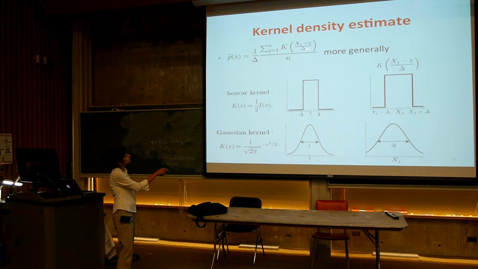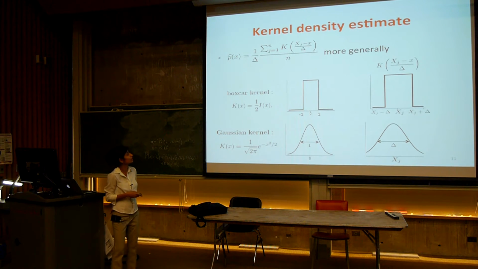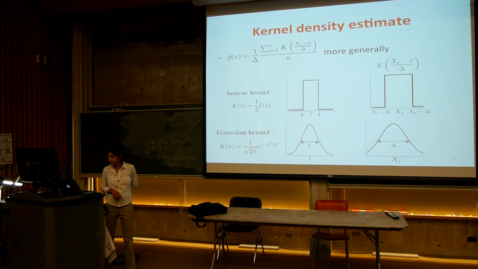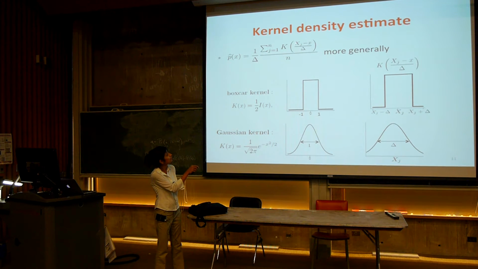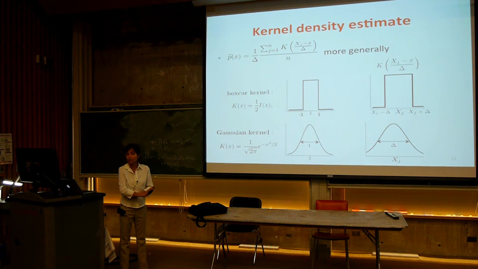That's why you typically see these kernels written like that, the ones using kernel density estimate. They are recentered and scaled. All right. And it's equivalent. You can think of these kernels as either being centered at xj or x, right? As you can see from the expressions, it's equivalent to think of it either way, because you're just measuring whether the 2 points are within delta or not, in some sense.